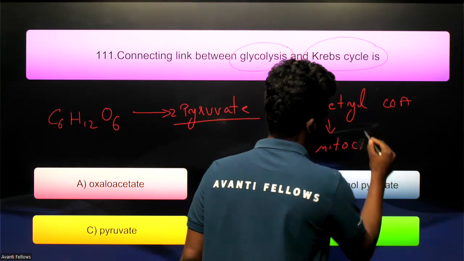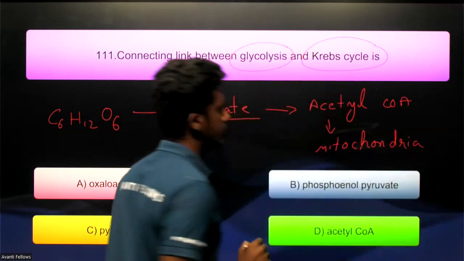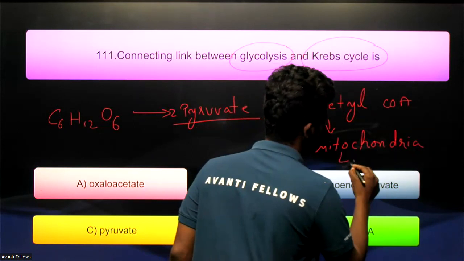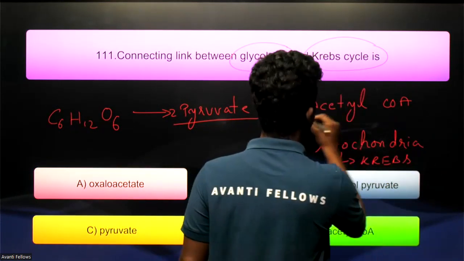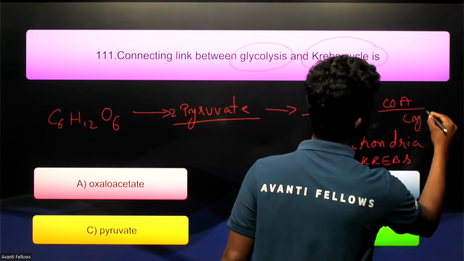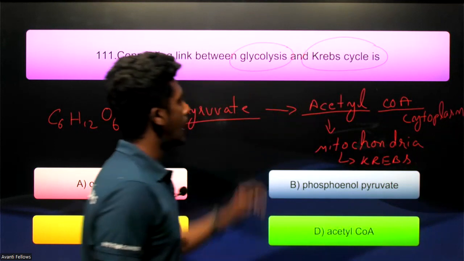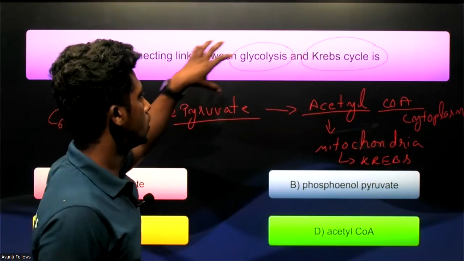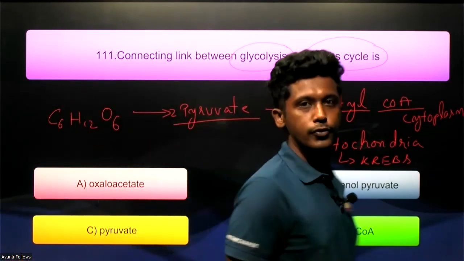Okay. What happens in mitochondria? The Krebs cycle will take place. So this conversion of acetyl CoA will happen in the cytoplasm. So this acts as a connecting link between glycolysis as well as your Krebs cycle. So our option is acetyl CoA, which is option D.